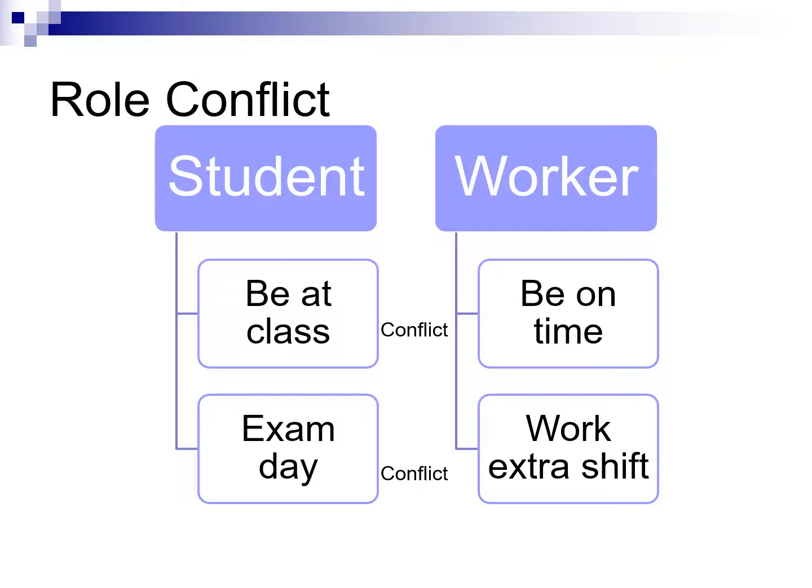On exam day, you're definitely expected to be there. As a worker, you have to be on time with the job, or sometimes you might have to work an extra shift. And this may cause a conflict between different statuses. So role conflict is when there is more than one status and the role expectations within those statuses are causing conflict for the person.